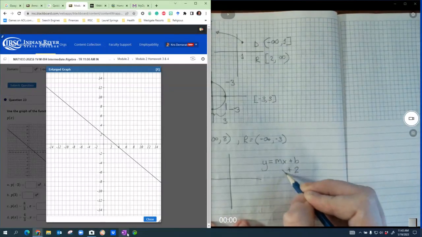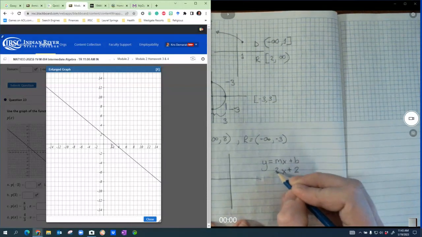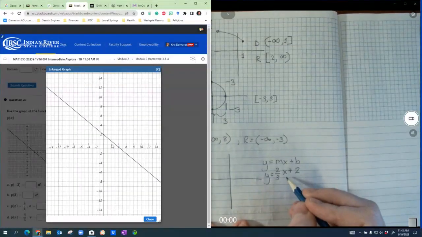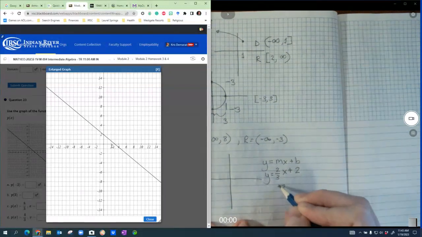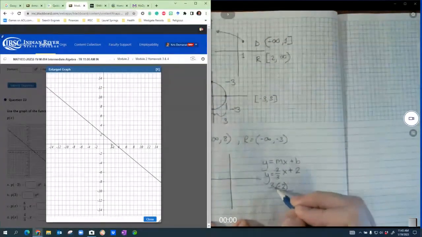What is our slope? It's going down 2 over 3, down 2 over 3. And now we put in the value of -2 here for the value of input. So that's what we're looking at.